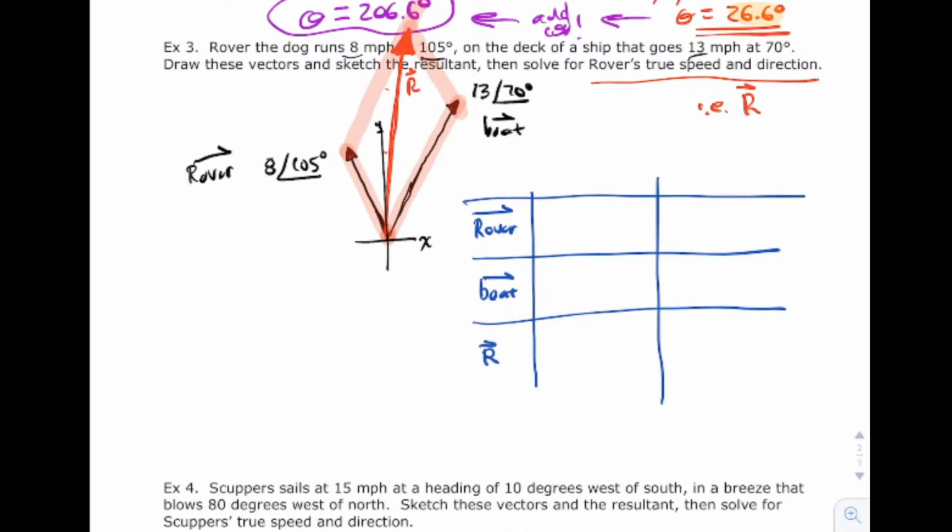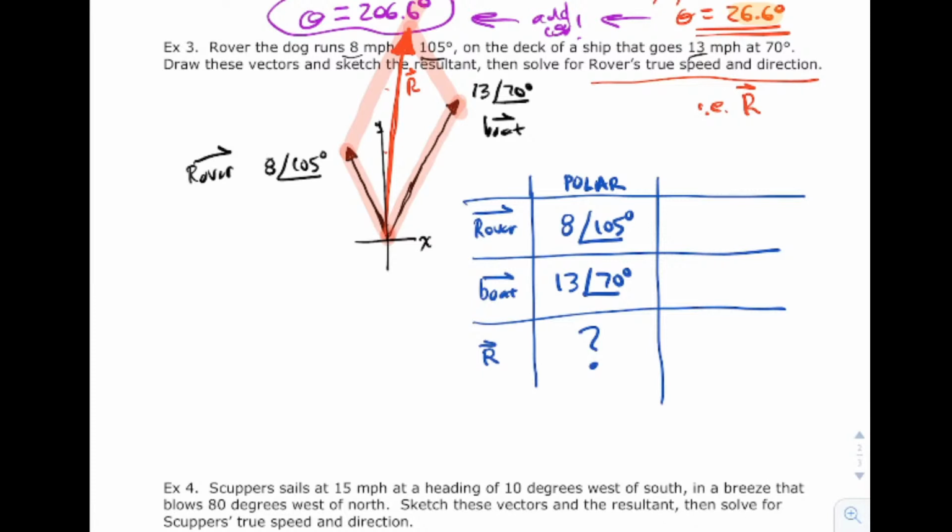In this column, I'm going to put the polar forms of the vectors. So the polar form of Rover is 8 at a 105 degree angle. And the polar form of the boat is 13 at a 70 degree angle. And this is what we would love to know, his true speed and direction. R would be the true speed, theta would be the true direction. Those are the 2 things we would really like to know.